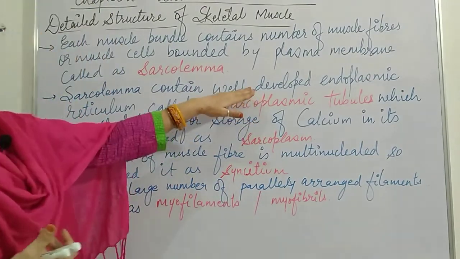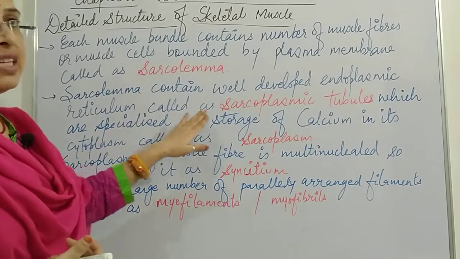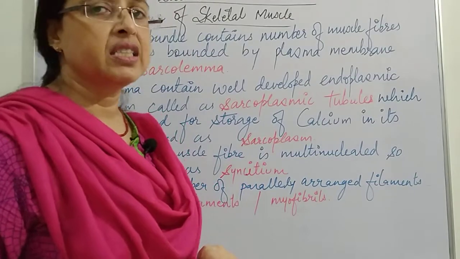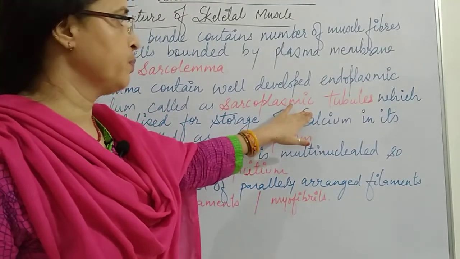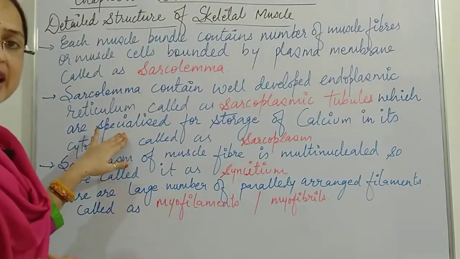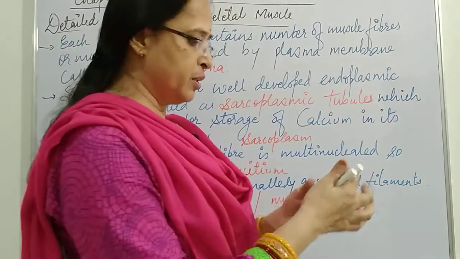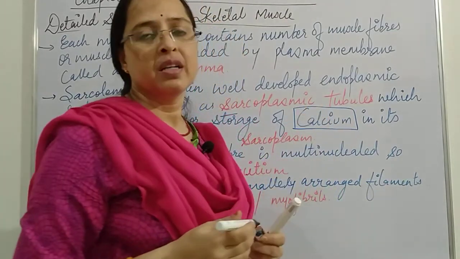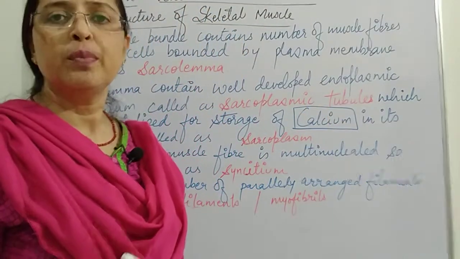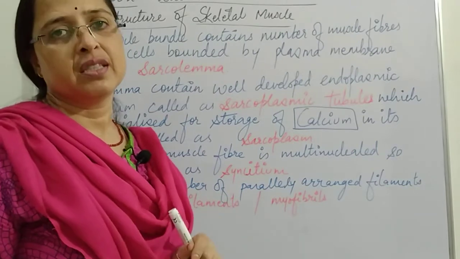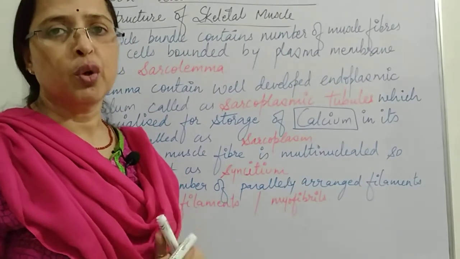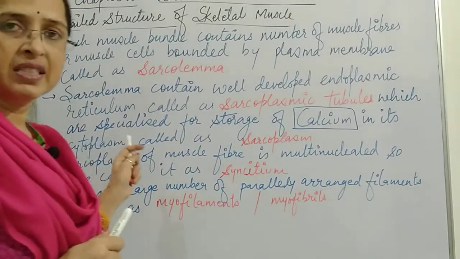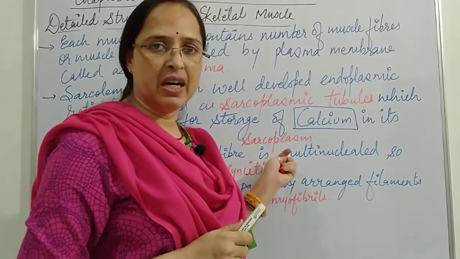This endoplasmic reticulum in the muscle cell is named the sarcoplasmic tubule, which is specialized for storage of calcium. These sarcoplasmic tubules store calcium in the cytoplasm, and the cytoplasm of the muscle cell is called sarcoplasm.